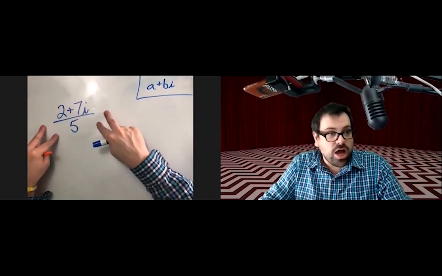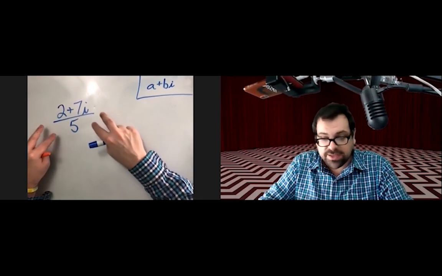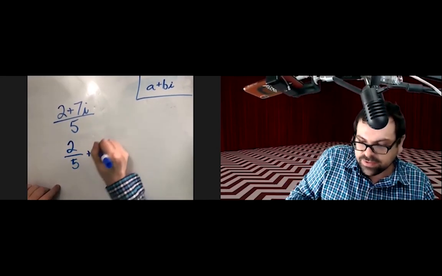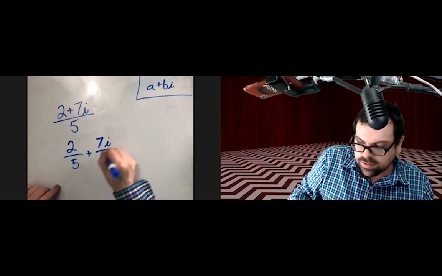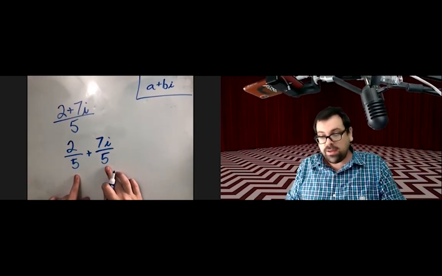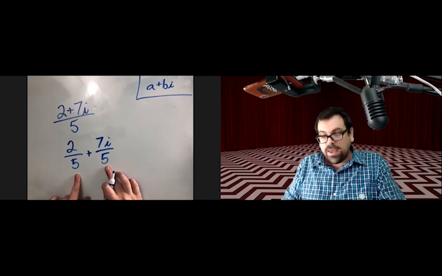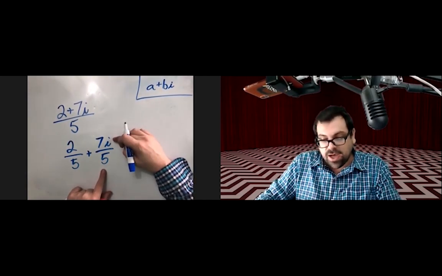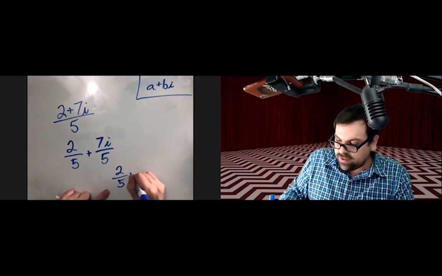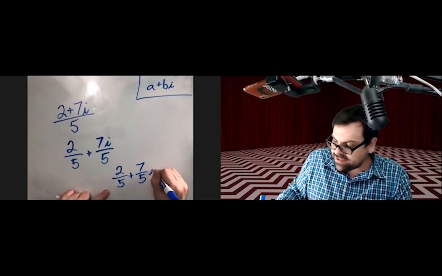This is not in the final form of a complex number, but if we split it like we did earlier with the radicals into two terms, we're on our way. And then the i can't be in the top. This would be 2/5 plus 7/5 i.